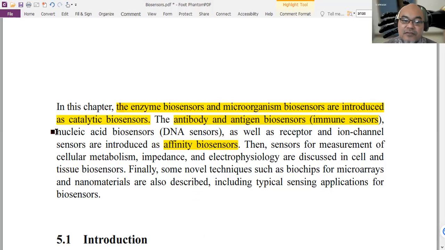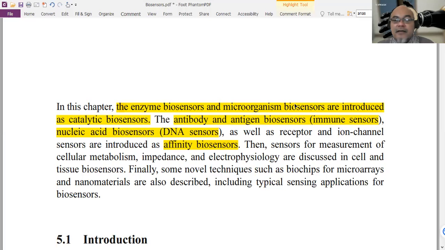We can also use nucleic acid biosensors, which I have not yet explained on my previous whiteboard. We can use DNA as a single strand, which can then detect another single strand with a complementary sequence.